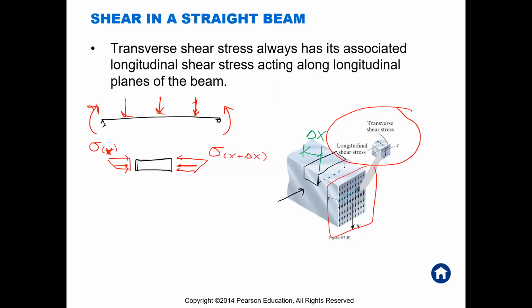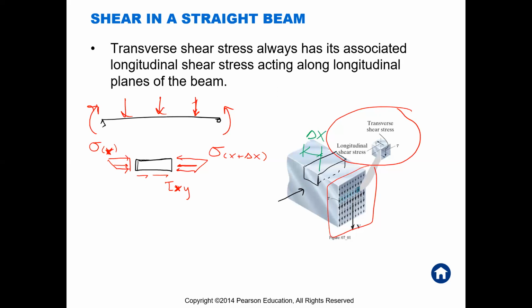But if the moment is changing, then even if y and I stay constant, you have different bending stresses on either side, which means this is no longer in equilibrium. So the way that we put it back into equilibrium is by saying that we must have some tau xy acting on this longitudinal side.